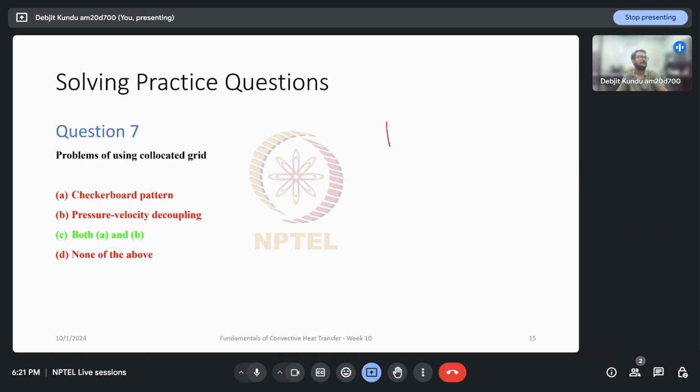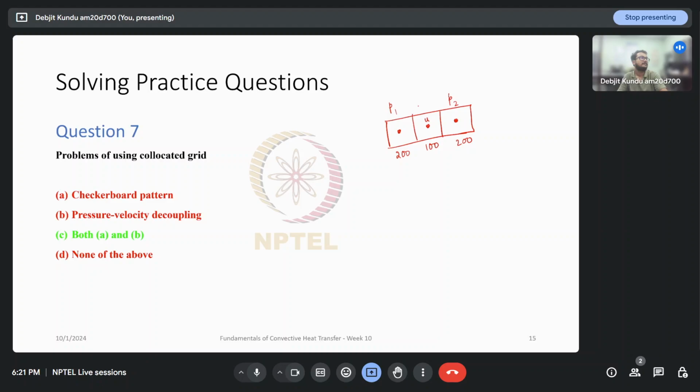So in a co-located grid, what we do is if we have a grid like this, we store the pressures as well as the velocities in the center of the cell. So for example, if there's a checkerboard pattern, let's say the pressure, if I put 200 here, 100 here, and 200 here, while computing the U here, I'll call this P1 and P2.